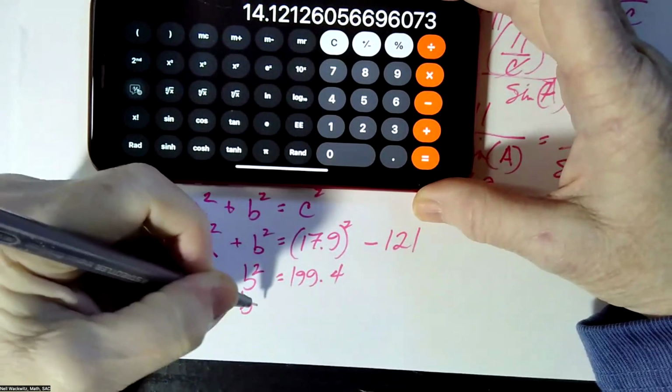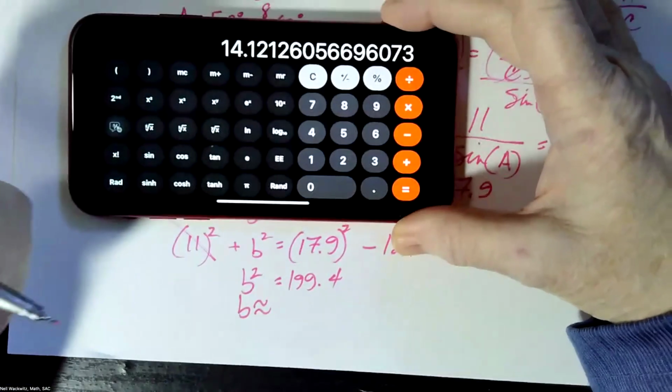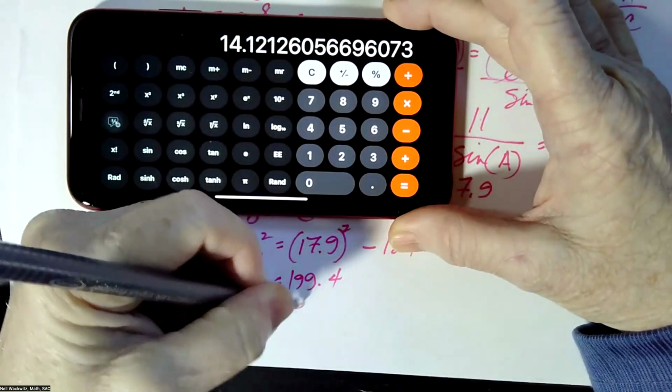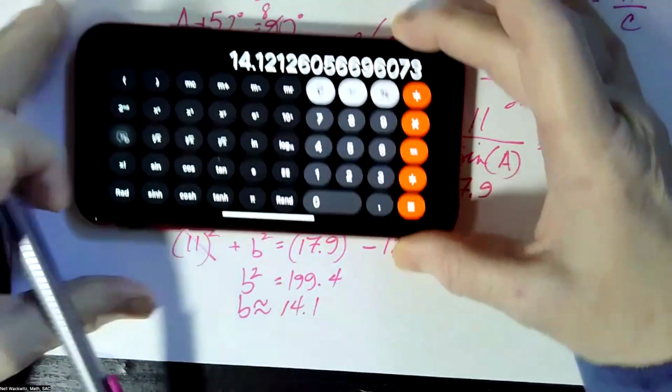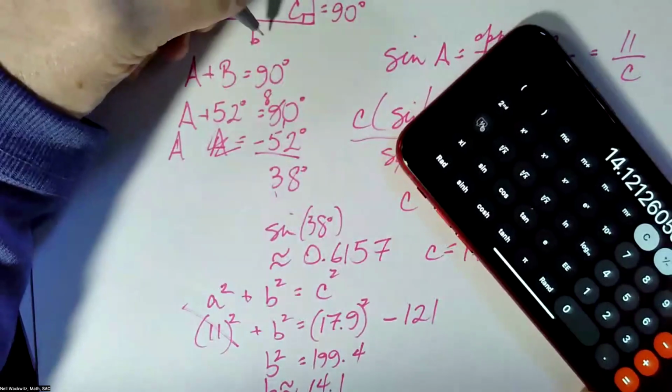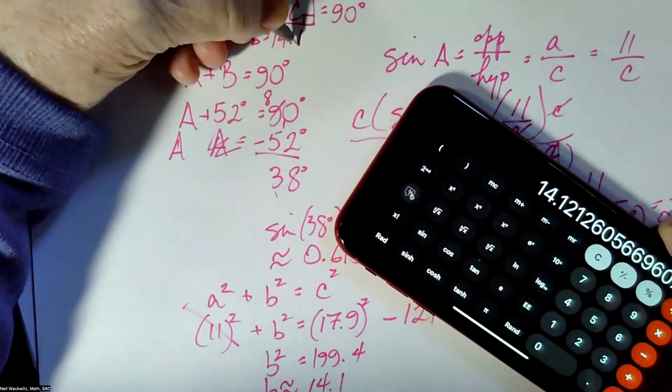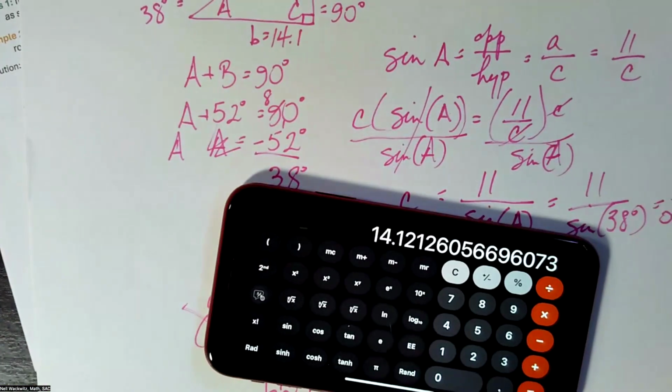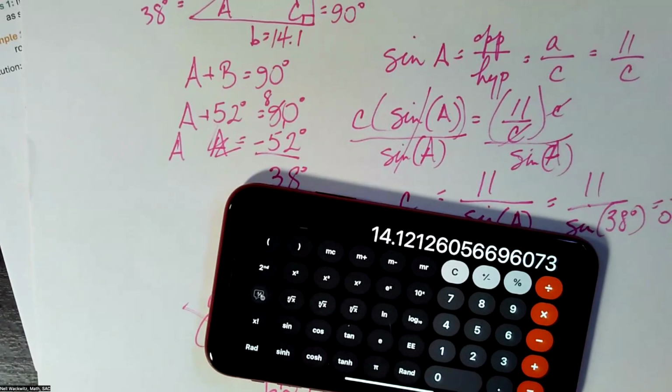So B is approximately 14.1. So we've got a value for B, 14.1, and let's find B one other way.